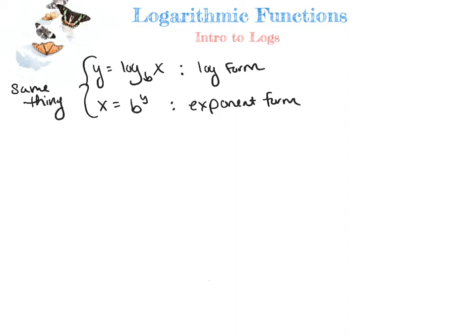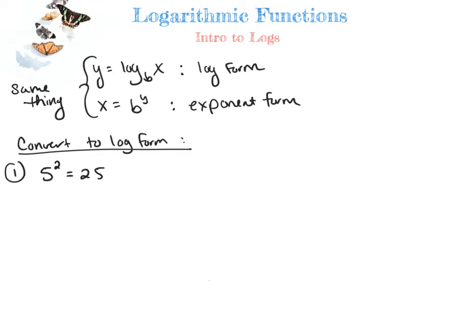So for the first few, let's simply convert. Let's start with exponent form, and we'll convert these to log form. Okay, so let's do something pretty straightforward like 5 squared equals 25.